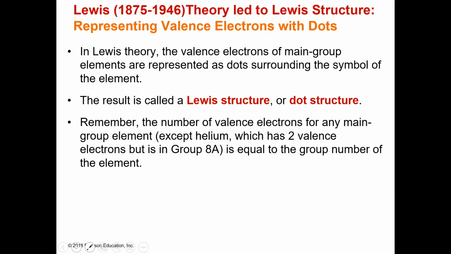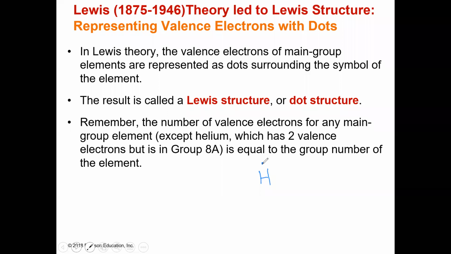So for example, hydrogen, we know, has one valence electron. So that one valence electron will be represented with one dot. So the result ends up being what we call the Lewis structure, or sometimes the Lewis dot structure.